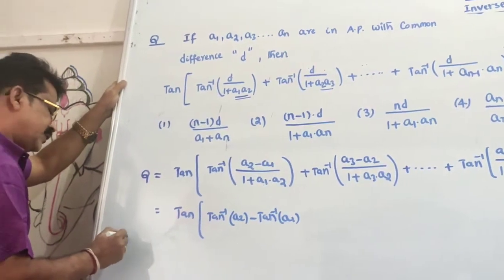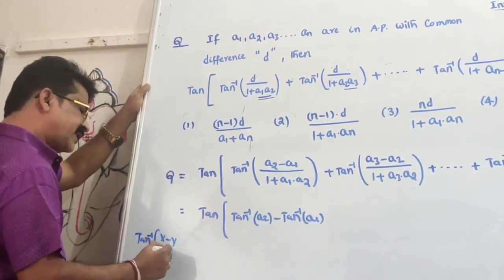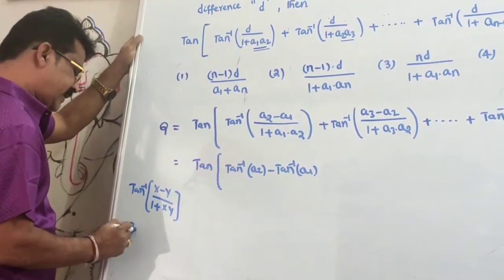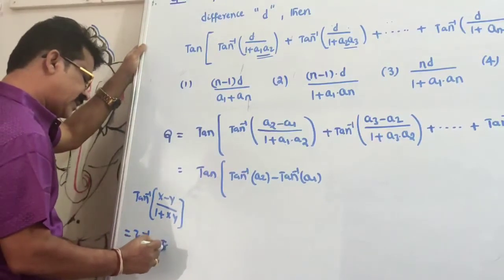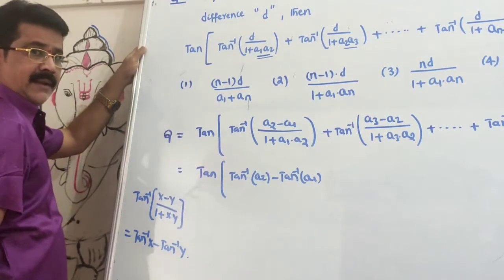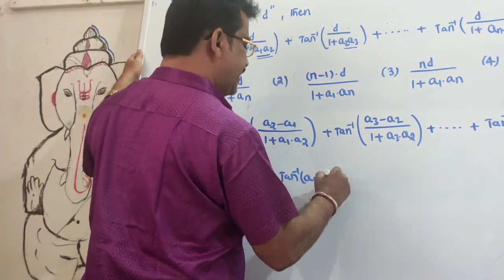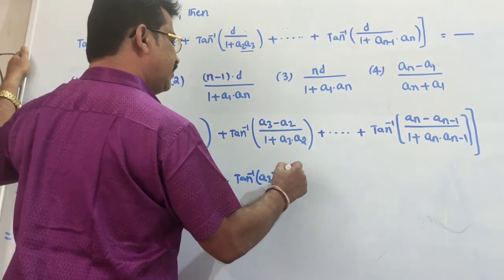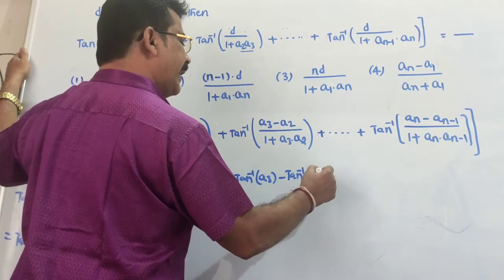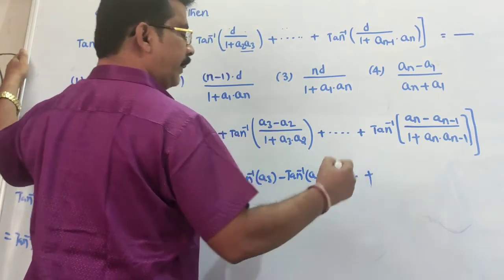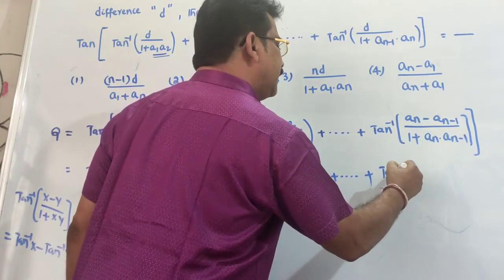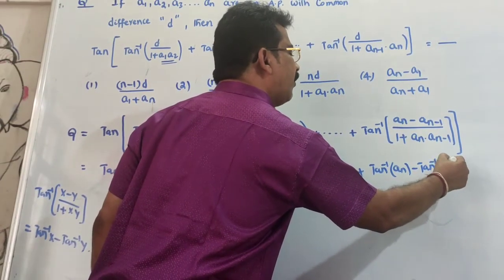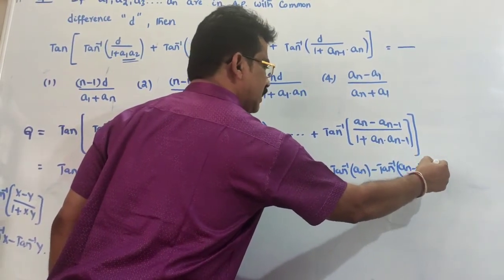One simple formula is there: tan inverse of (X minus Y) by (1 plus XY) equals tan inverse X minus tan inverse Y. Applying this here, it is simply tan inverse of A3 minus tan inverse of A2 plus, and so on, plus the last term is tan inverse of an minus tan inverse of an minus 1.